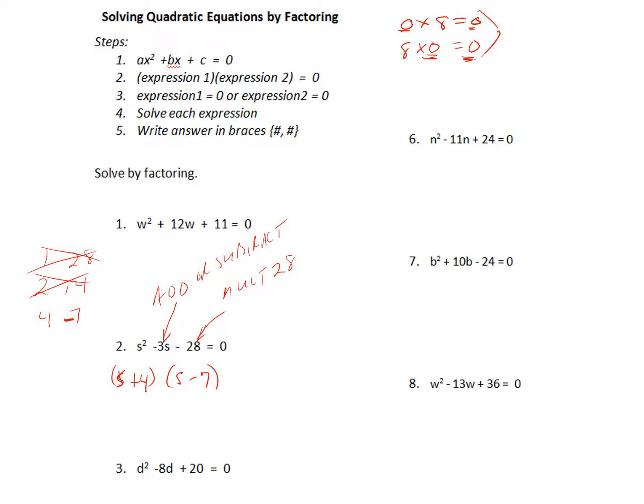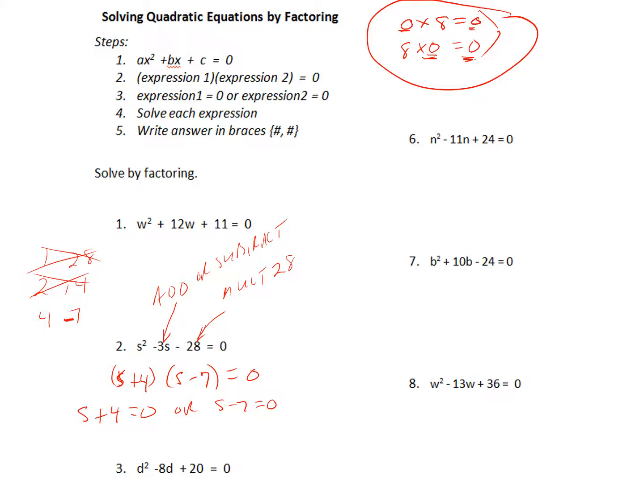And now I want to solve this. So this is right back to what we talked about up here, where I want to set these equal to 0, which means either the first one has to be 0 or the second one has to be 0. In other words, s plus 4 has to be 0, or s minus 7 is 0.